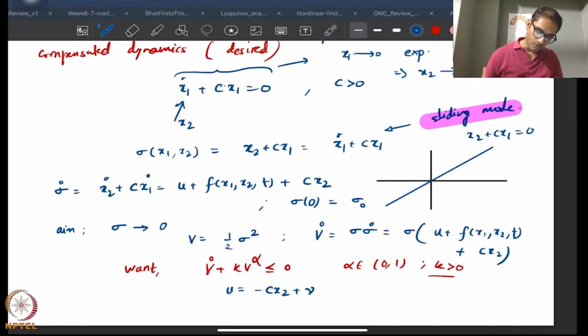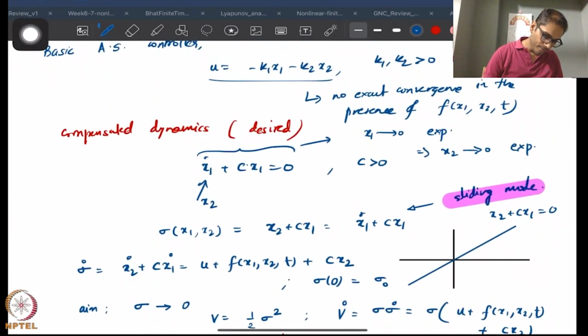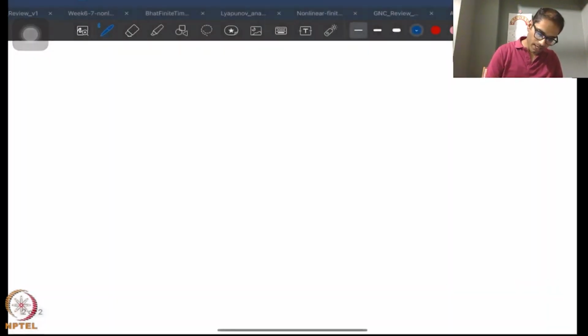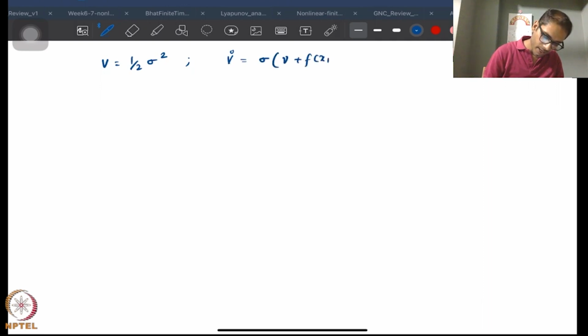If I do that, then what do I get? I get V dot, where V was half sigma squared, and V dot is sigma times (v plus f(x1, x2, t)). Now we'll do a little bit of an inequality.